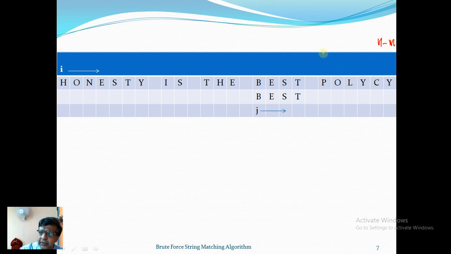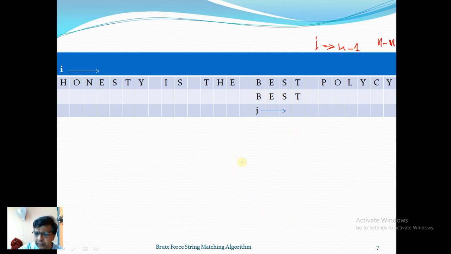The index of the text can go up to n minus 1, had there been no comparisons. As it is, I can move simply from here till here.